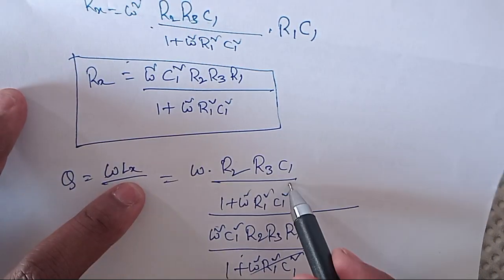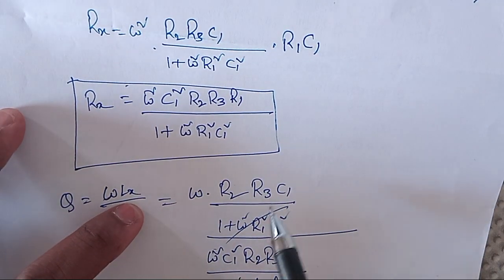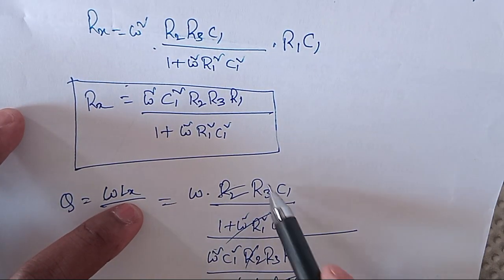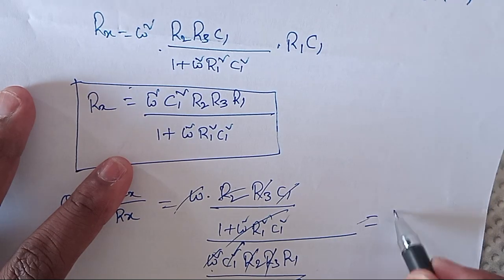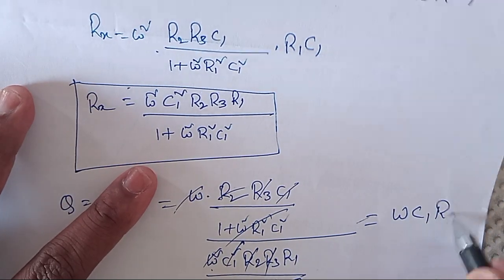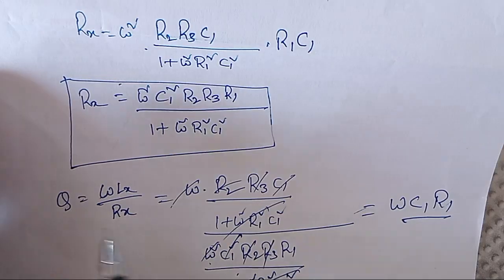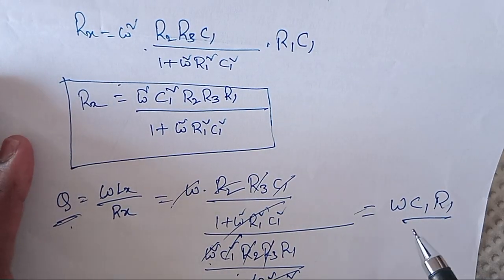Here these terms get cancelled, and R2, R3, C1, ω cancel. So we're getting 1 by ωC1R1. It is the quality factor for the Hay bridge.